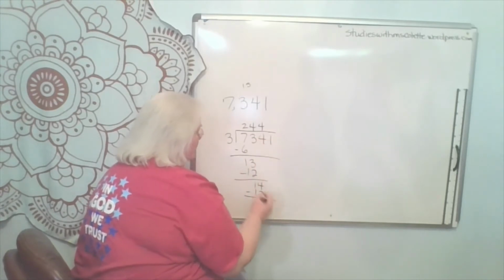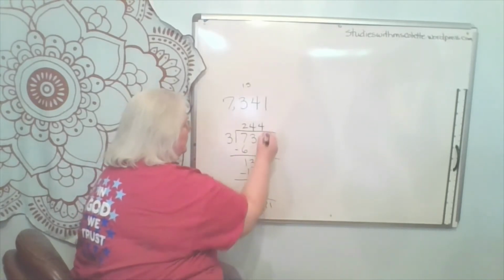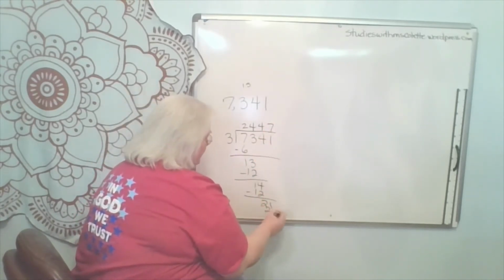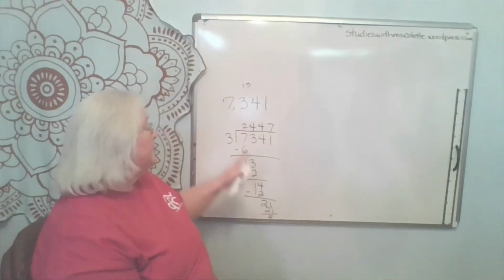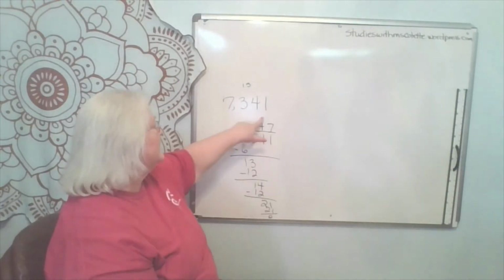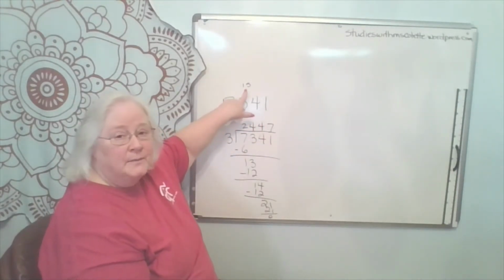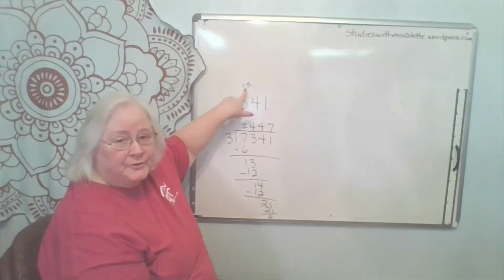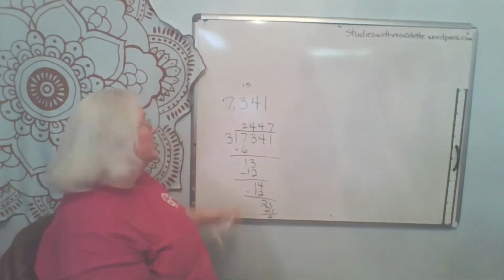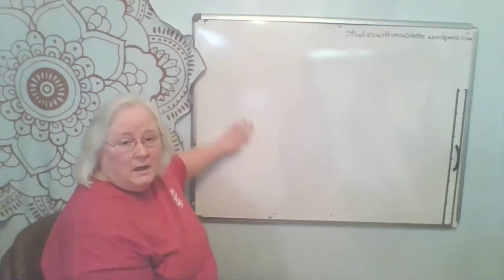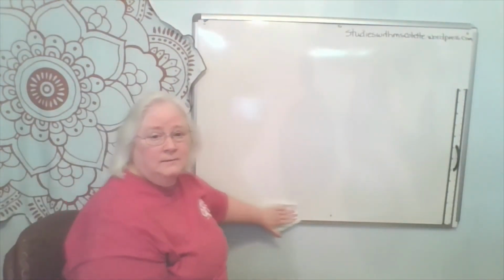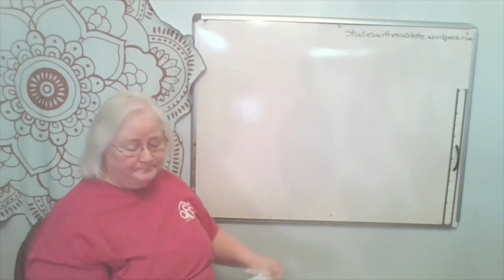Bring down the 1. And 3 will go into 21 7 times. And that comes out to 0. So if the digits added together and the sum is divisible by 3, then 3 will go into the bigger number. Okay? Now, pause the video for rule number 4.